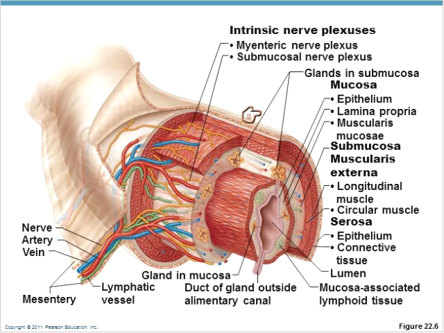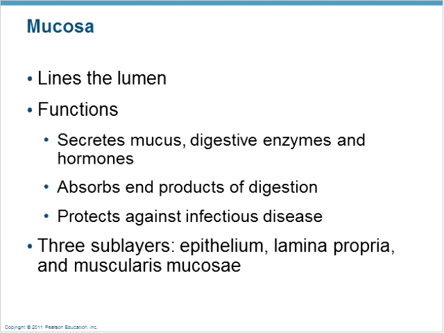And finally, the outside is connective tissue called the serosa, and it holds everything in place, and it also provides a mechanism to hold the arteries, veins, and lymph vessels next to the GI tract proper, the alimentary tract proper, so that they can enter and exit as they need to.